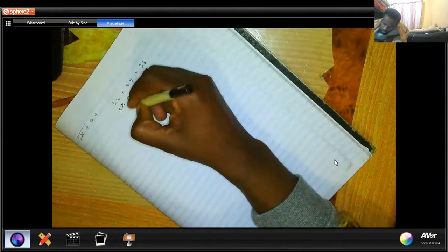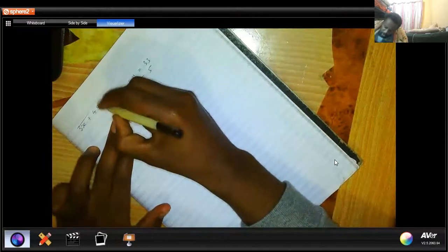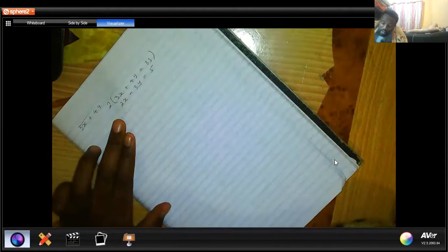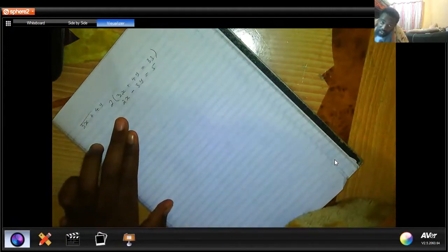Now, we are saying we want to eliminate this value. How do we eliminate this value? Simple. You take the coefficient here, you multiply the whole equation, not just the x.